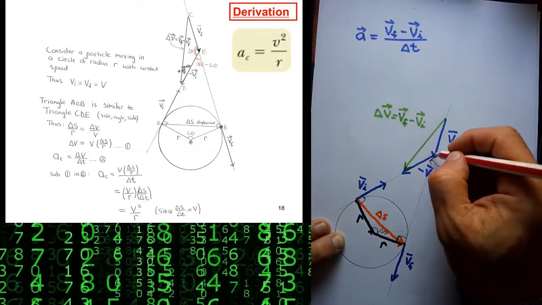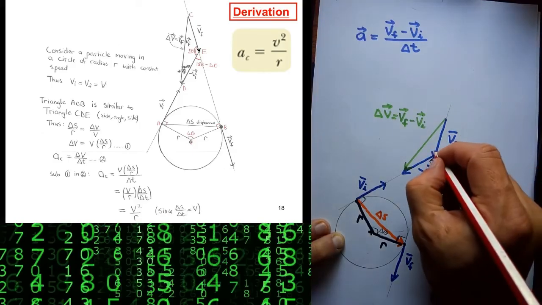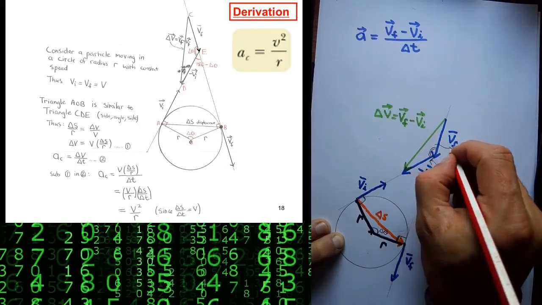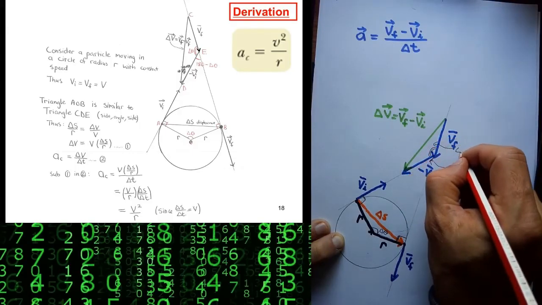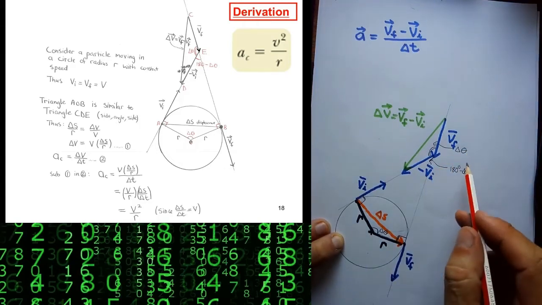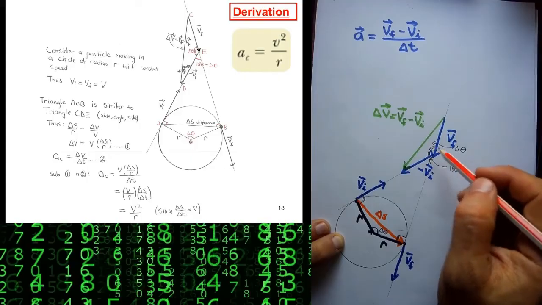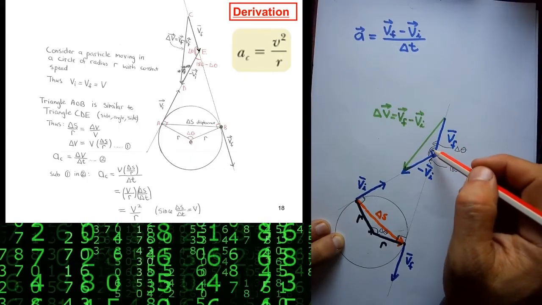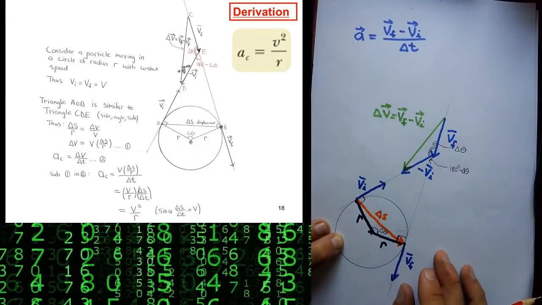Because this forms a straight line, it means this angle shown here must be equal to delta theta. That ensures that the sum of these two angles is 180 degrees along the straight line. So this angle here is delta theta.